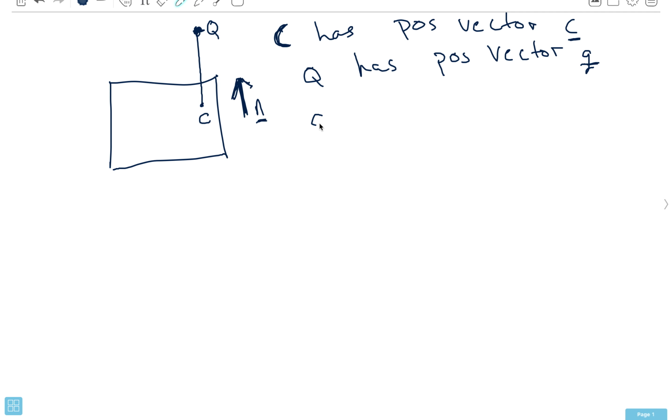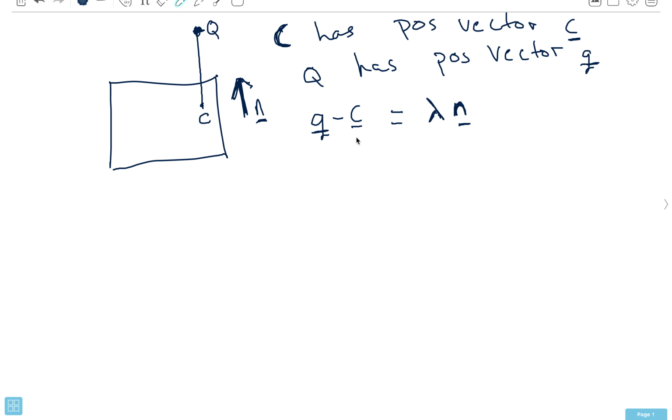I'm going to say q minus c, because the distance from c to q is the same as the distance from q to c. So q minus c is parallel, which means that there is some alpha or lambda that I can multiply by the normal vector to get this. Okay, so we have this relationship.